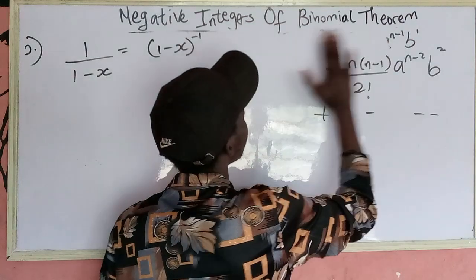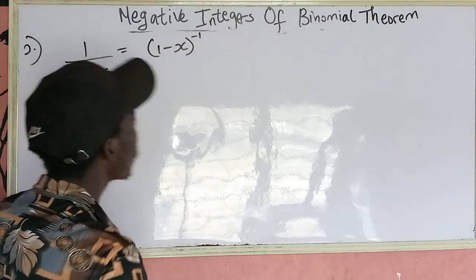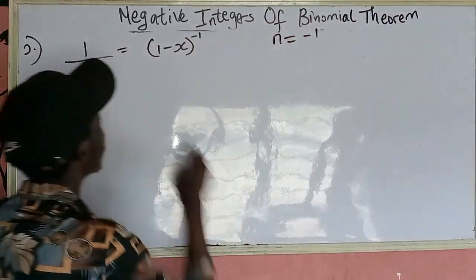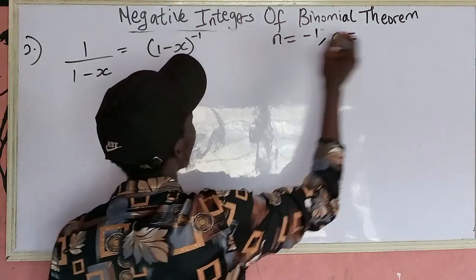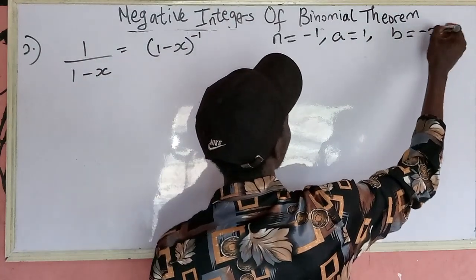So in that case, I can expand this because I know my n is equal to minus 1. My a is equal to 1. My b is equal to minus x.